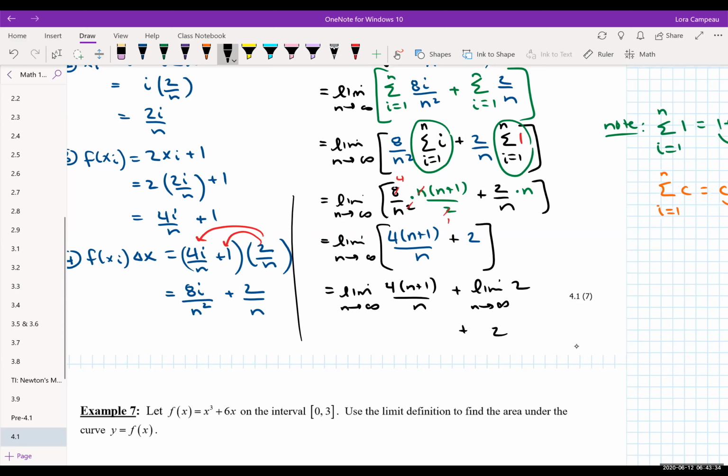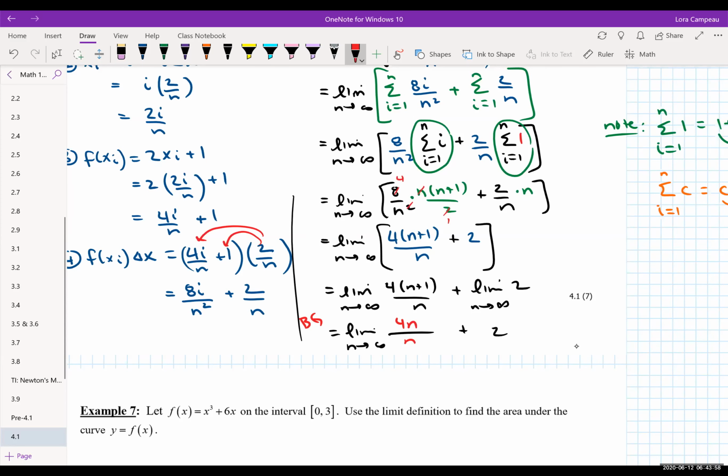And if you take the leading term analysis or dominant term analysis, the numerator ends up being 4n, denominator is n.